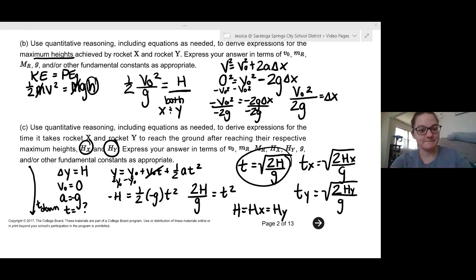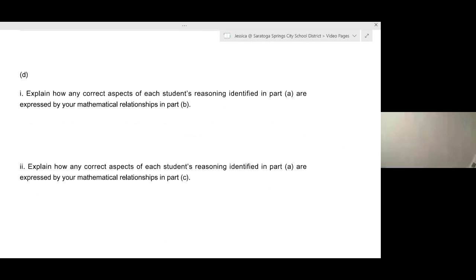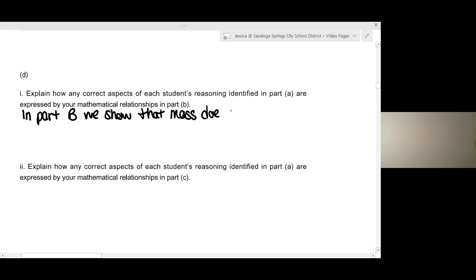Let's continue on. Okay. So then part D is explain how any correct aspects of each student's reasoning identified in part A are expressed by your mathematical relationship in part B. So in part B, we show that mass does not affect height.